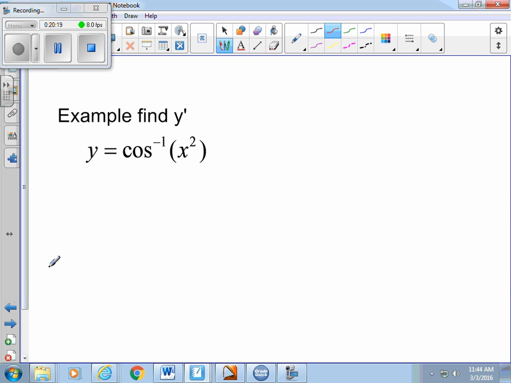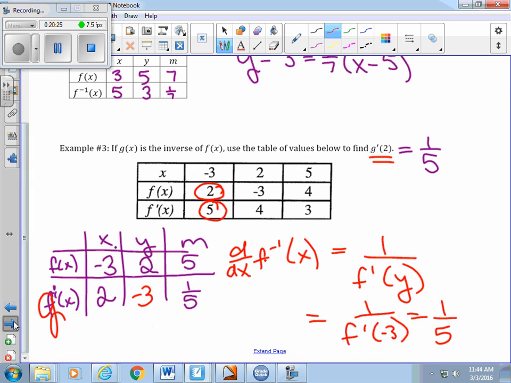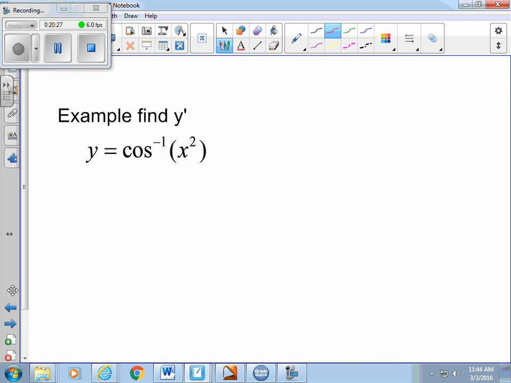I now want to look at finding Y prime if I have cosine inverse of x squared. There are two ways to do it. We could use an inverse thought process, or we could do implicit differentiation.